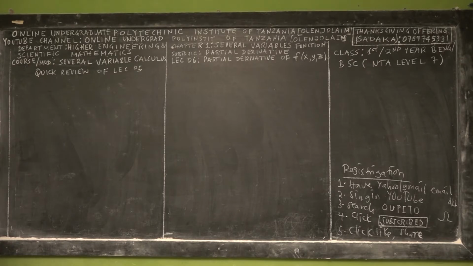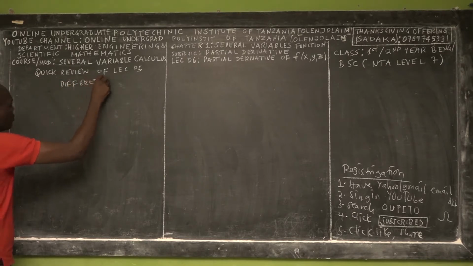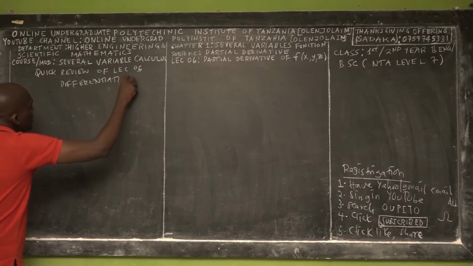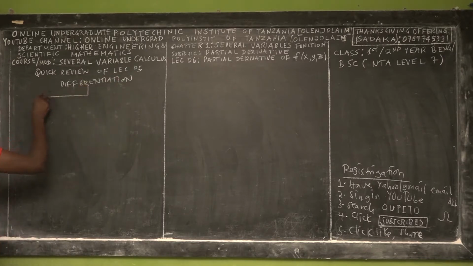In lecture 5, we introduced the concept that we call differentiation. In differentiation, we have two types, depending on the number of variables of the function.